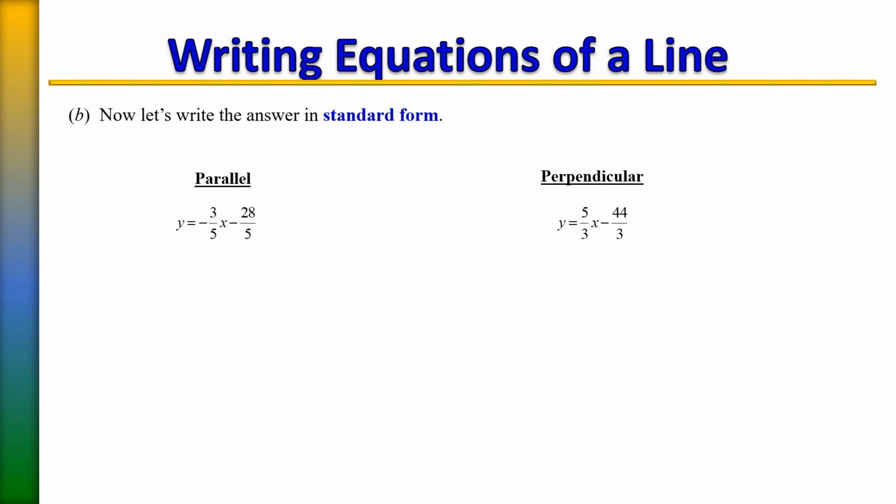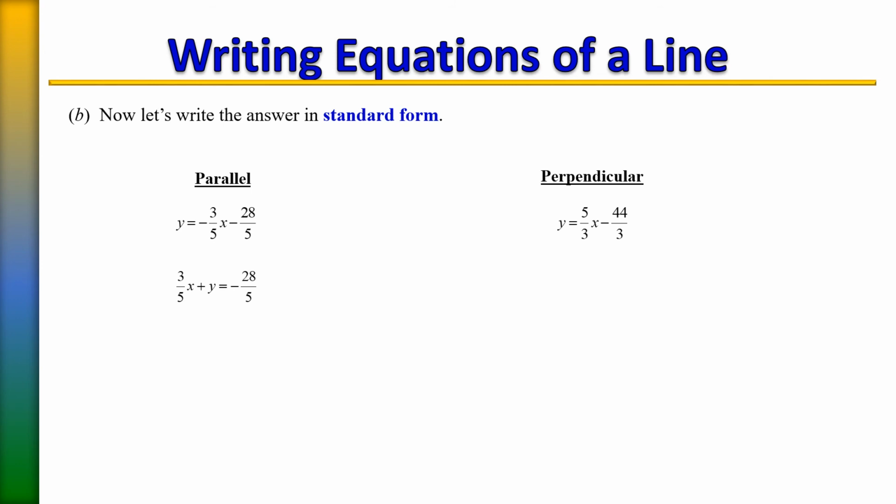Let's begin by rewriting the parallel line first. So I'm going to go ahead and add 3/5 x to each side. So notice we have it in some form of a standard form, but it's not the correct form because recall the coefficient of x should not be a fraction or a negative. So since it's a fraction, we need to clear the fraction.